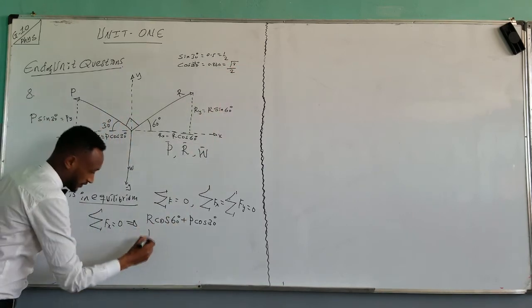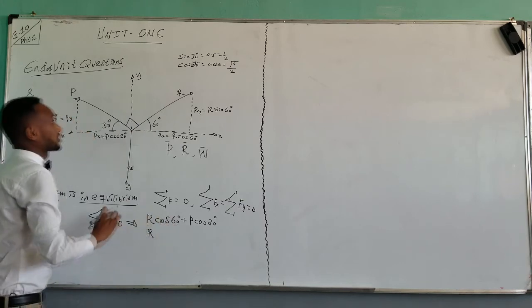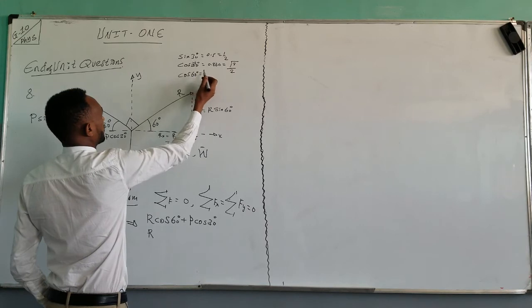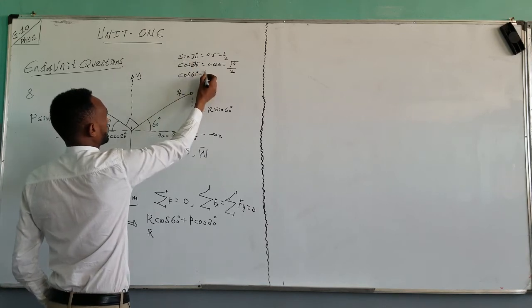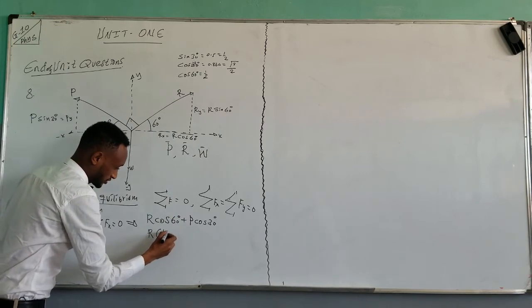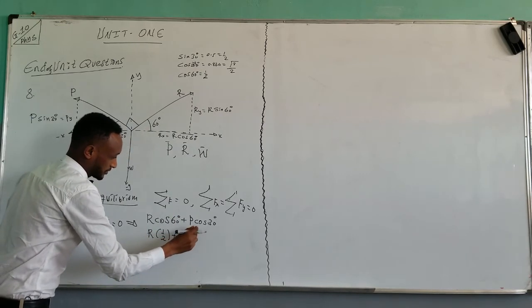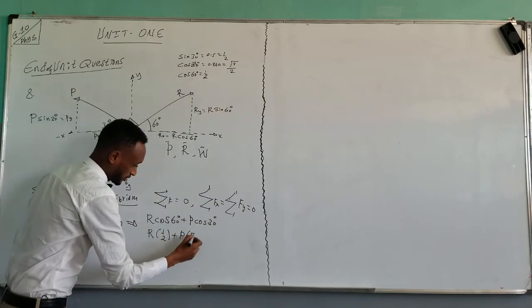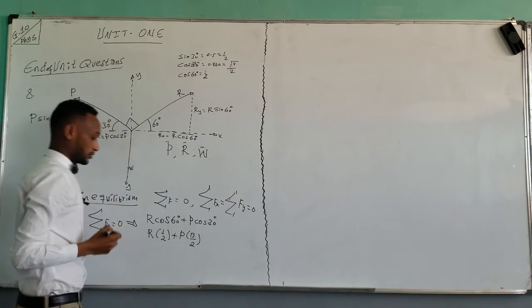Here we have vector R cosine of 60 degrees, and cosine of 60 degrees is equal to sine of 30 degrees, that means half, 1 over 2, plus P times cosine of 30 degrees, that means root 3 over 2 times root 3 over 2.